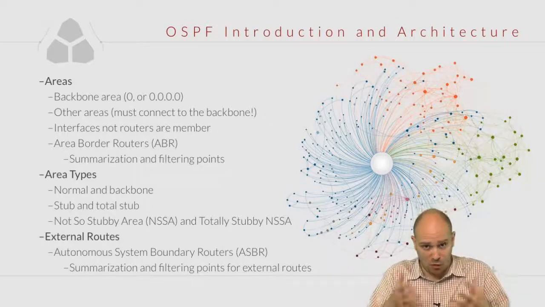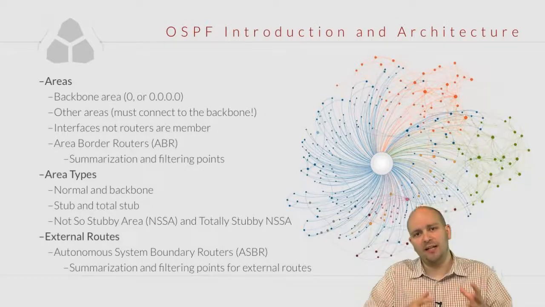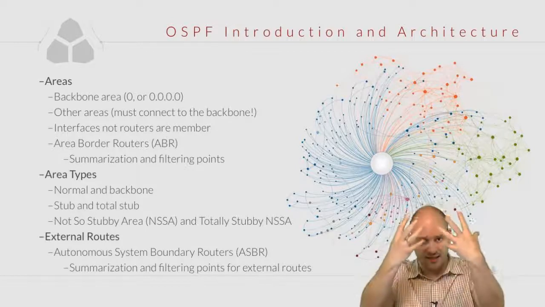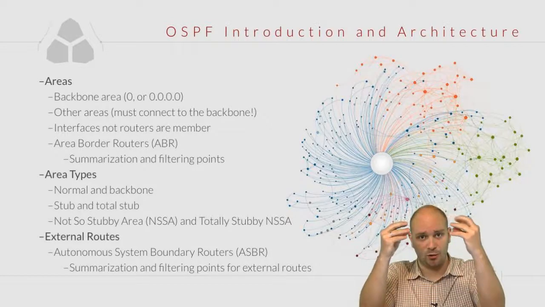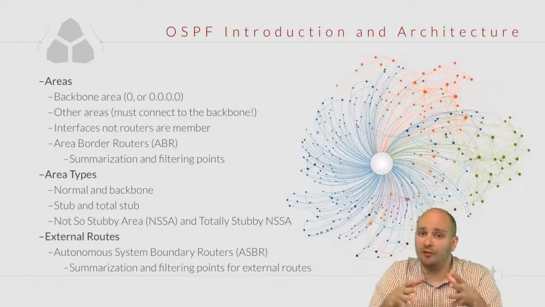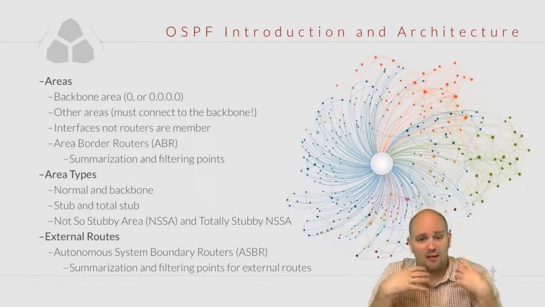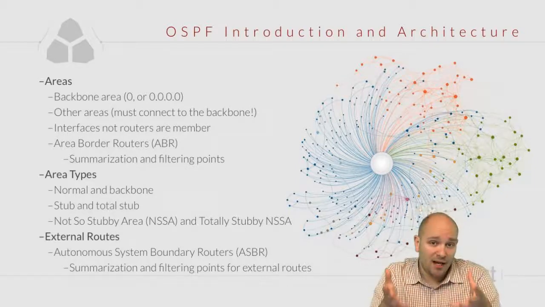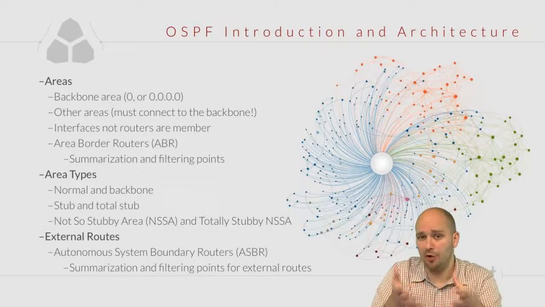And speaking of different areas, not only do all areas need to be organized in a hierarchical fashion, and all need to connect to area 0, but not all areas behave the same way. There are different area types. There are normal areas, and the backbone area is an example of a normal area.